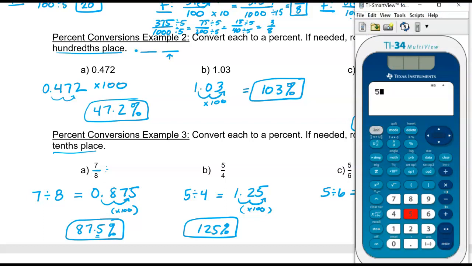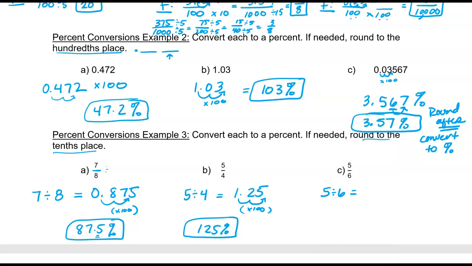If we do 5 divided by 6, we end up getting a repeating decimal. I'm going to write that down on the paper, 0.83333, and I'm going to put a ... since that goes on forever. I like to write as many digits as I can.